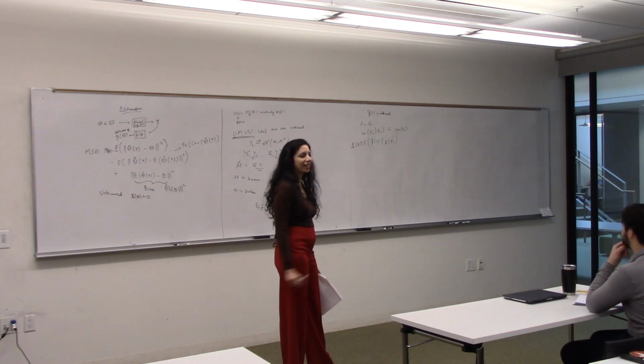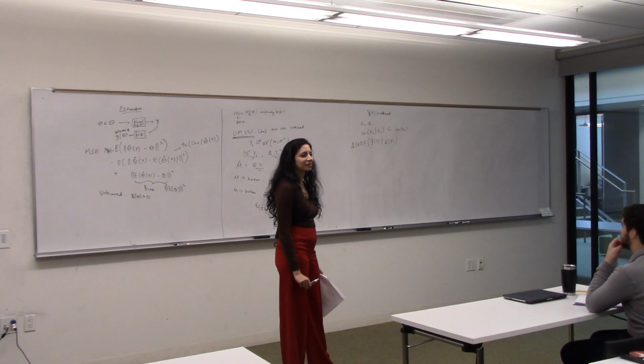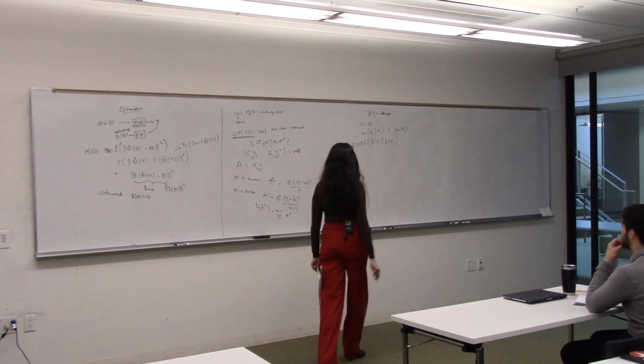But before that, somehow this is too good to be true. What are we missing? I declared this to be my new estimator. Can I compute this? If I want to expand this expectation, what would that expansion look like?